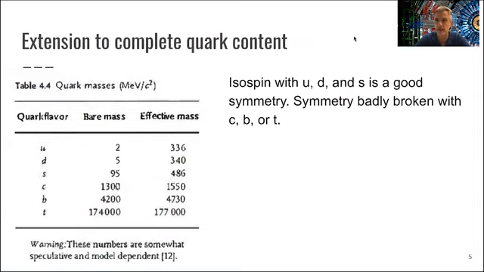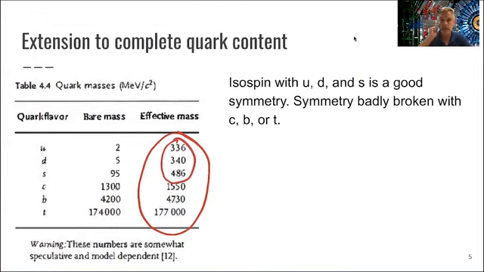Even if you include strangeness, the difference in mass is not very large. So the particles really look like the same particle in different states. When you introduce heavier quarks, charm and bottom, you find that the mass difference is so large that the symmetries are broken. So this concept starts failing because of the large mass differences.